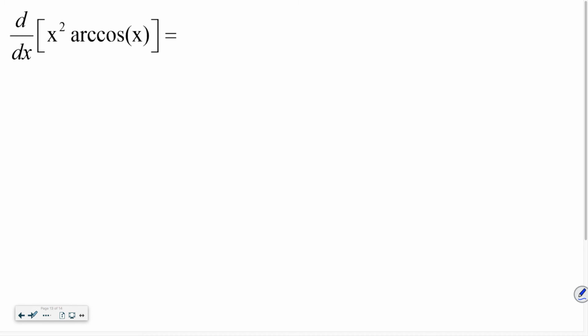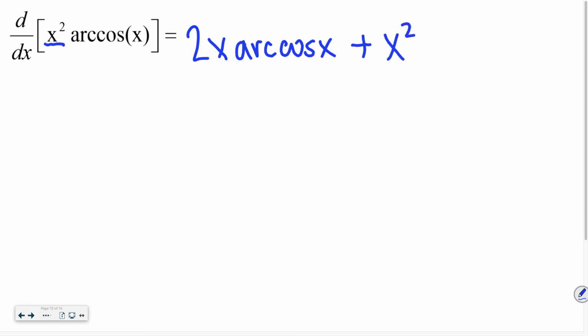Okay? So, the derivative of our first function. Andre, what's the derivative of our first function? 2x times the arc cosine of x plus our first function times the derivative of our second.